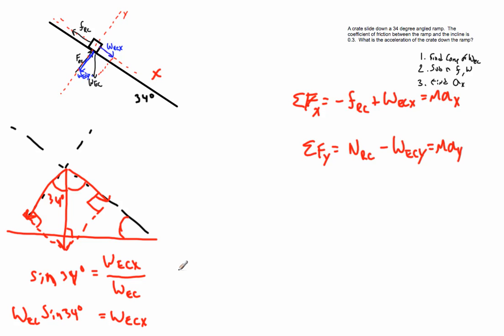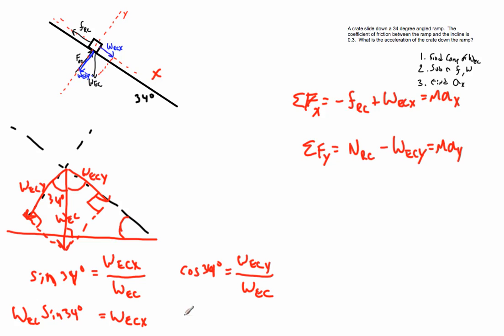Similarly, I can find the y component by saying that cosine 34 degrees should be equal to W_ECy, that's over here. Here's W_ECx, and also down there. And that'll be over W_EC, the hypotenuse.